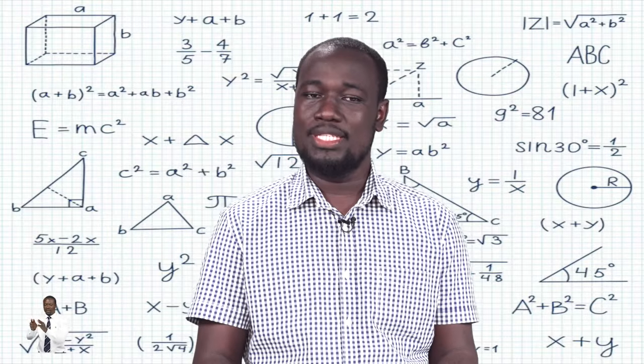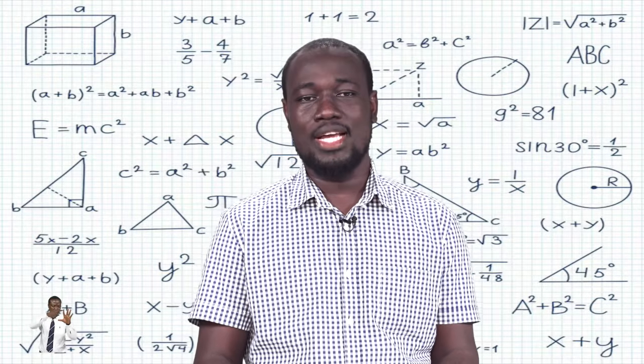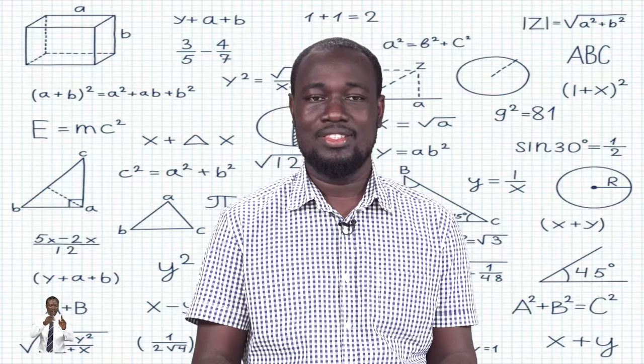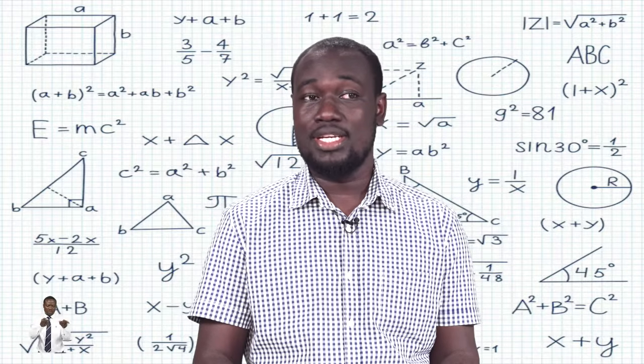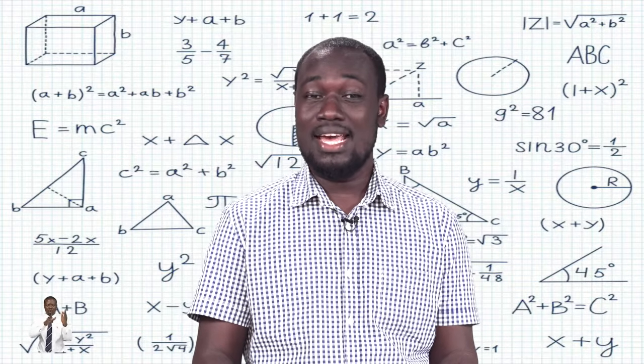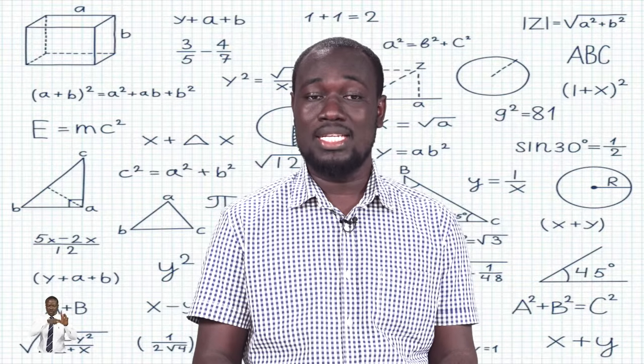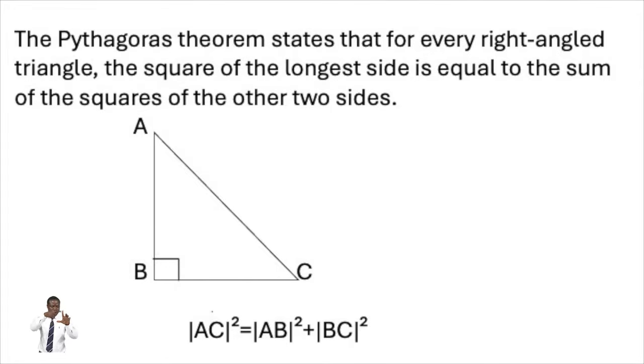How then do we determine the longest side of a right-angled triangle? The longest side of a right-angled triangle is the side opposite to the 90 degrees angle. Looking at the diagram on our screen, the 90 degrees angle is at B and it's opposite the line AC.